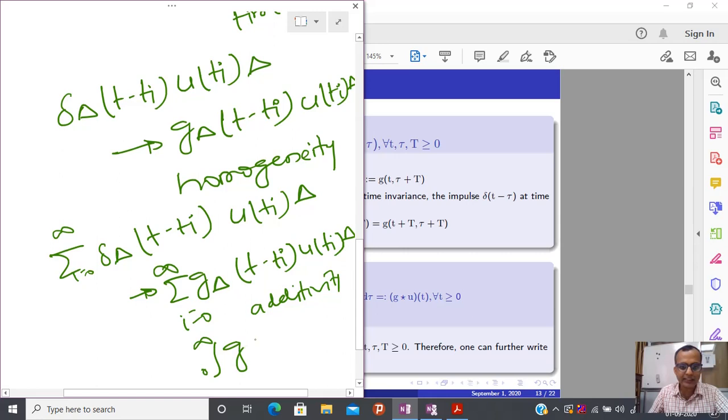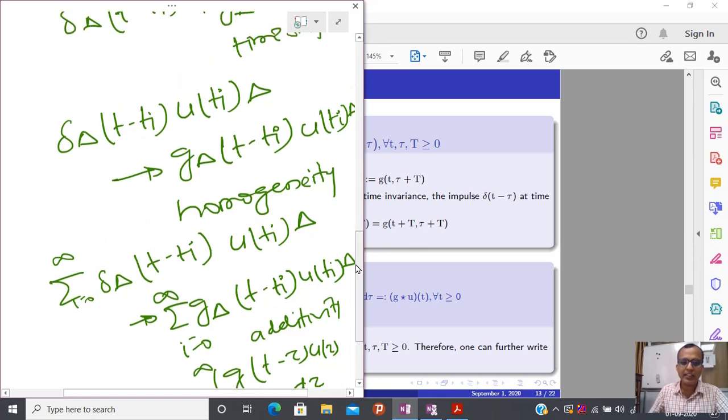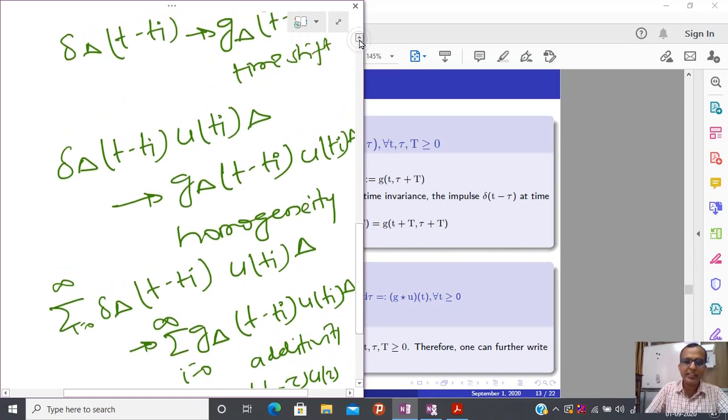If ti is tau, then I have u(tau) and d tau. So whatever delta is converted into d tau, and in this way I can generate the expression. So you can see that this is true for linear time invariant systems only.